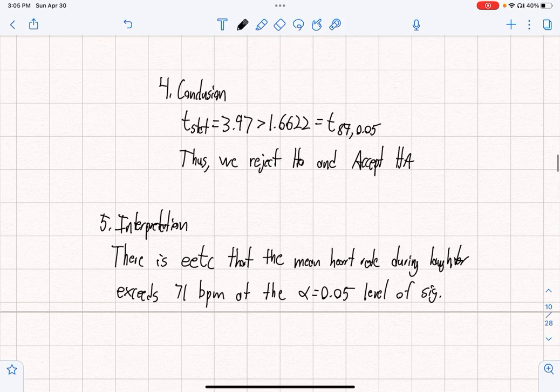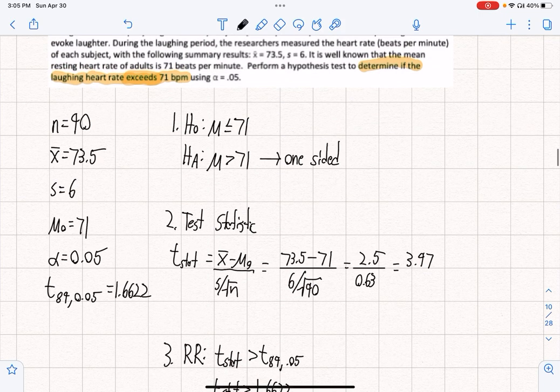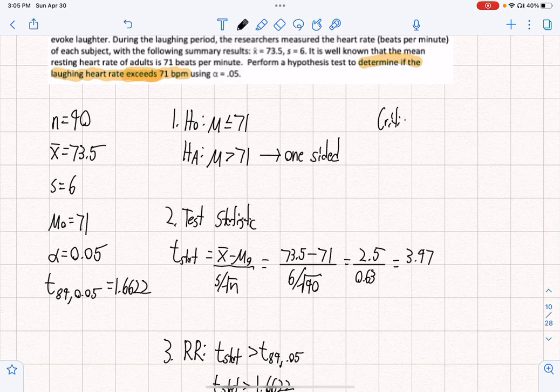Again, we're done. This is the critical value approach.